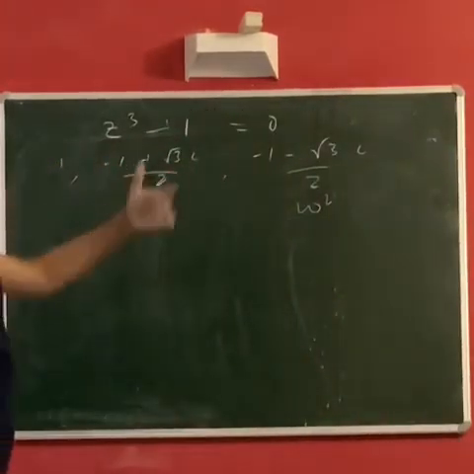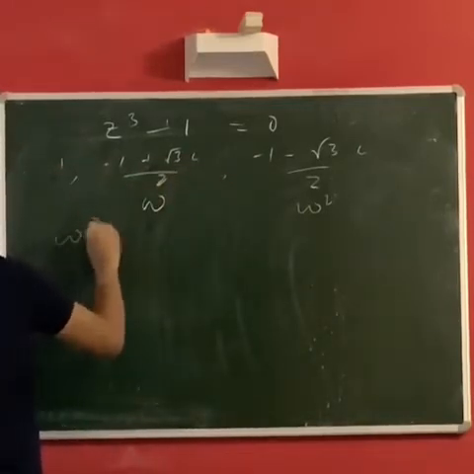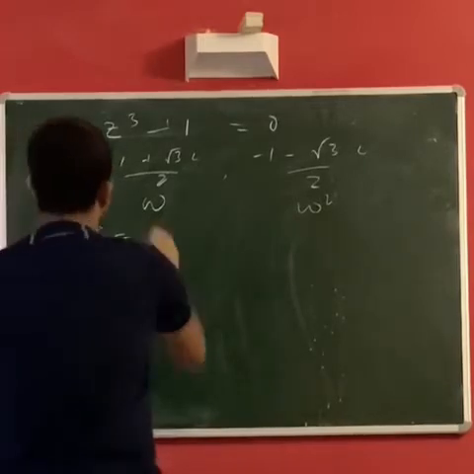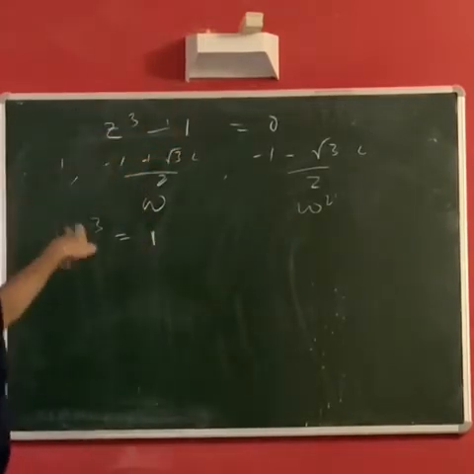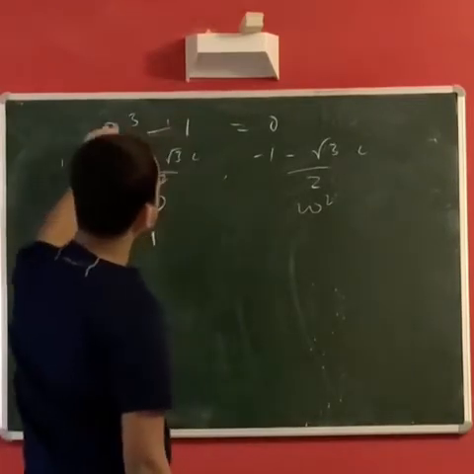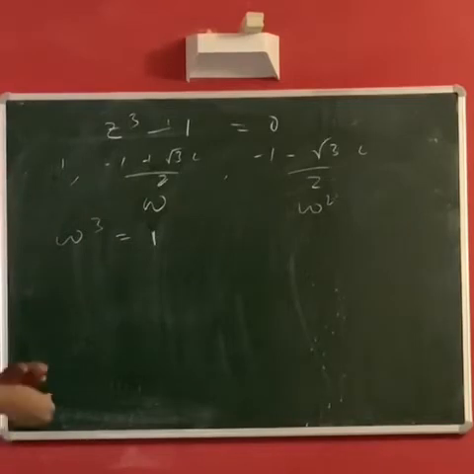You can try and multiply the three roots. You have omega cube, which should be equal to 1, because you can substitute omega here and you'll get omega cube equal to 1. Also by Vieta's theorem the product of the three roots must be minus of minus 1 by 1. So omega cube equal to 1.